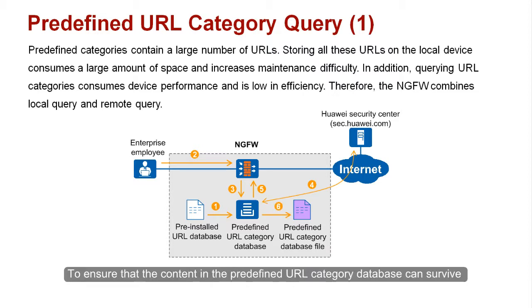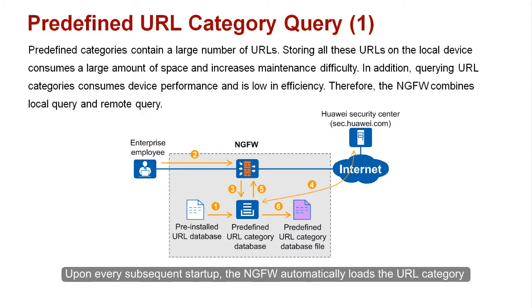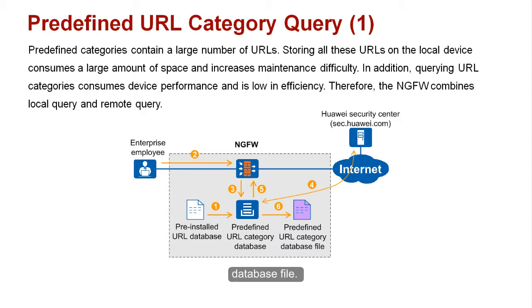To ensure that the content in the predefined URL category database can survive USG6000 power failure or restart, the USG6000 regularly saves the predefined URL category database to the database file. Upon every subsequent startup, the USG6000 automatically loads the URL category database file.